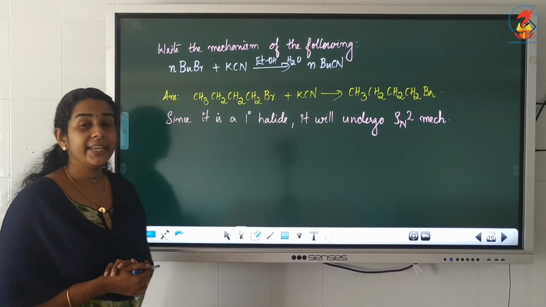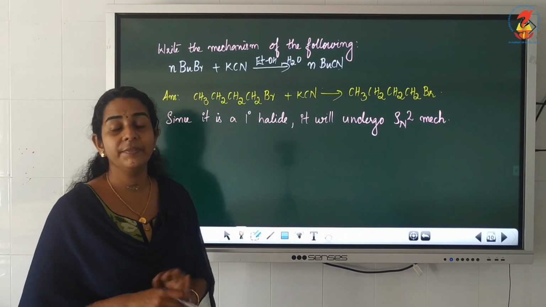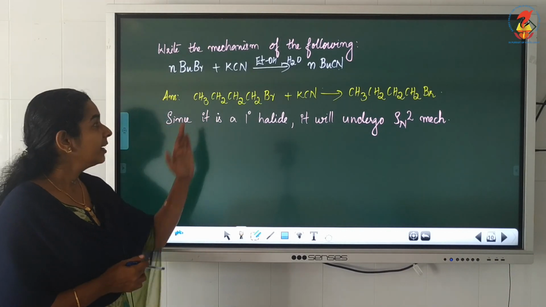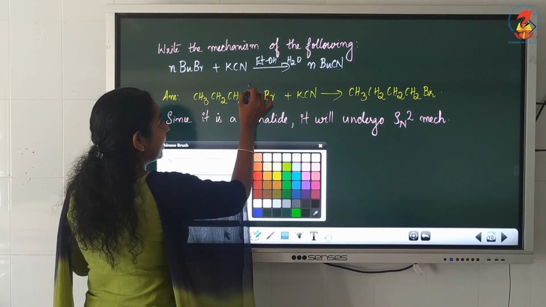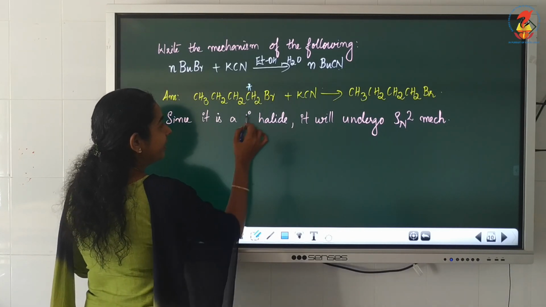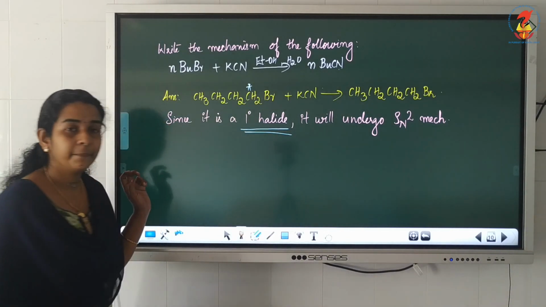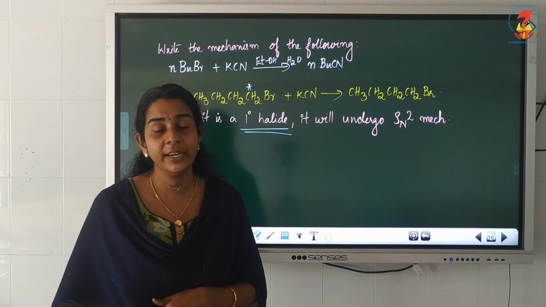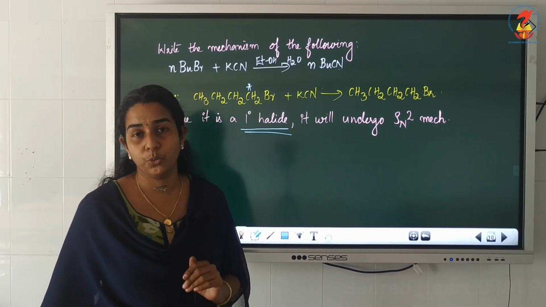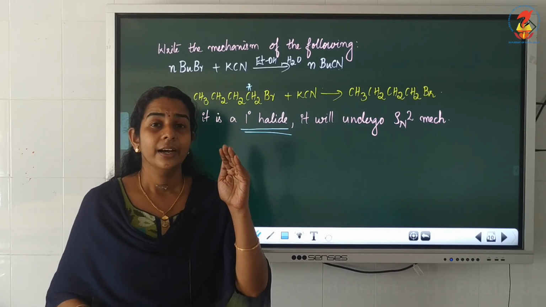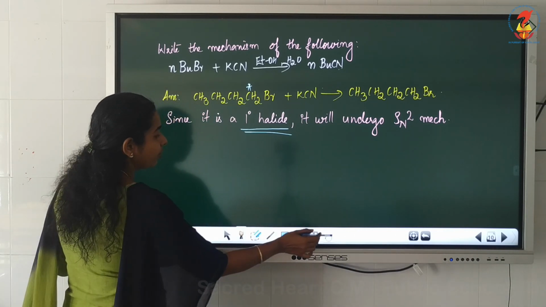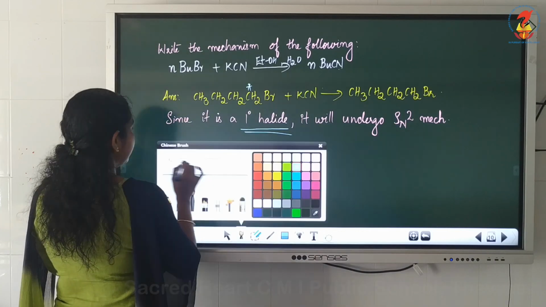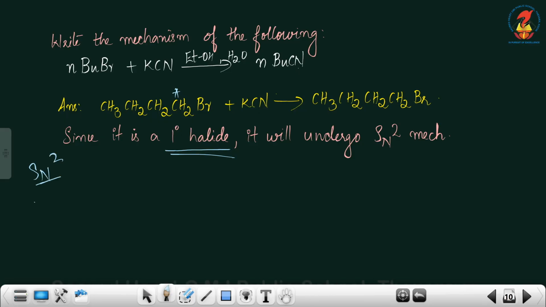Here also the mechanism is not mentioned, but when we write the structure, we can see that this is the X attached carbon and it is a primary halide. And primary halides usually undergo which reaction? Yes, it is SN2 because it is sterically free. So to write the mechanism, it is SN2.